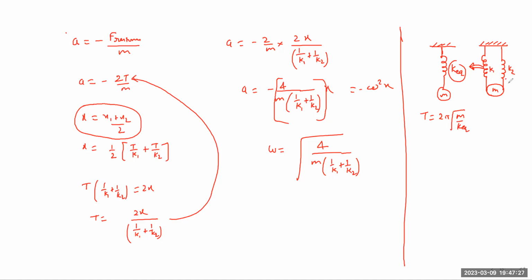Yeah, so the tension is acting T here, T here. What is the tension for the M mass? 2T. For M mass it is 2T actually. So the tension experienced by the moving mass is 2T.